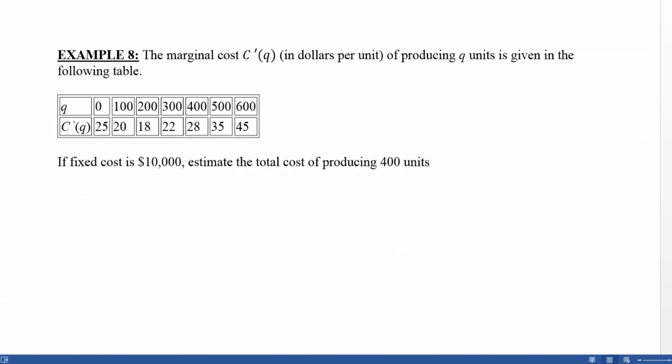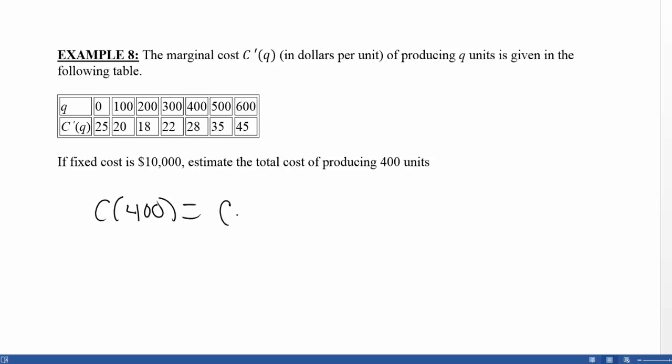Example 8. The marginal cost in dollars per unit of producing Q units is given in the following table. If fixed cost is $10,000, estimate the total cost of producing 400 units. So we're interested in C of 400.